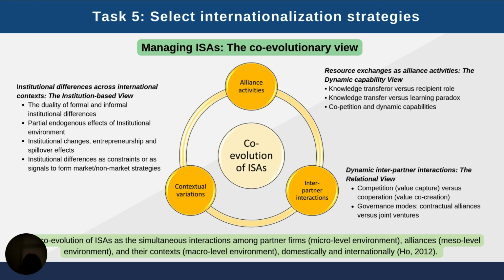So this indicates that you, as an IB manager engaging in international strategic alliances, will need to recognize the dynamic nature of international collaboration, being comprehensive and adaptable in response to the interaction effect of these 3 layers of factors at once.